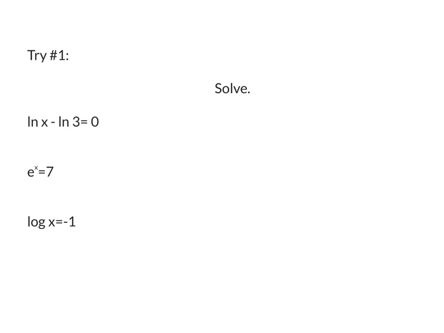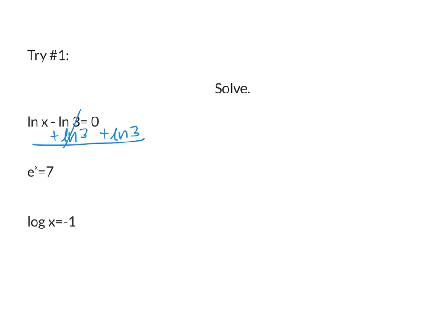On try number 1, our first problem is the natural log of x minus the natural log of 3 equal to 0. The first thing that I'm going to do is deal with the fact that I have 2 natural logs, so a good strategy here is to add the natural log of 3 to the other side, and we'll see why in just a second.